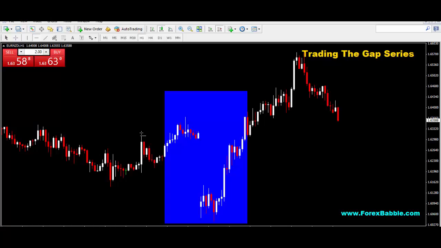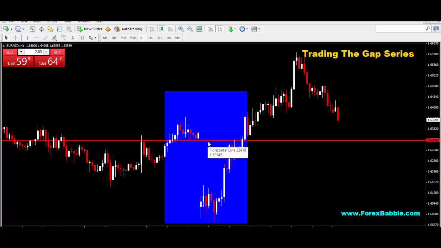Let me show you something. This is what I do. The previous candle was here, and it gapped down here. So I would place my take profit just below the previous candle, because price is going to come up to this point.